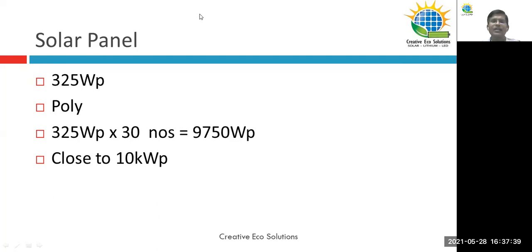To make a 10 kilowatt plant, the simple calculation is to multiply 325 by 30, 28, or 32. We are limiting to the closest 10 kilowatt. To reach 10 kilowatt, 9750 is the closest watt peak. Now I can use 31 panels, but it was 10 kilowatt, so I'll limit to 9750, based on my terrace area.